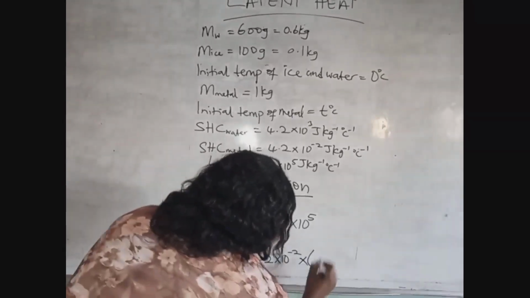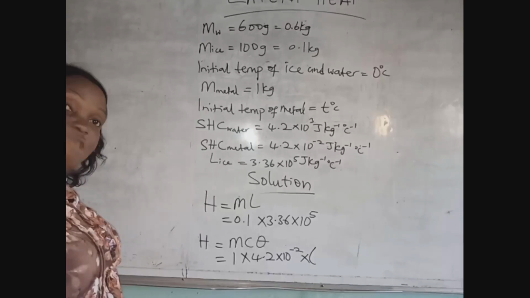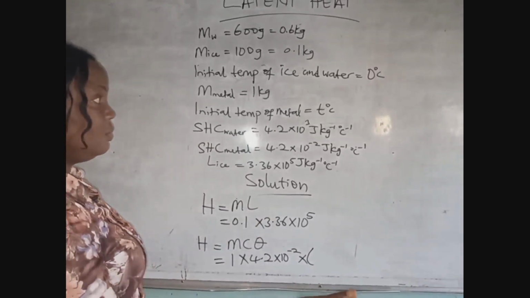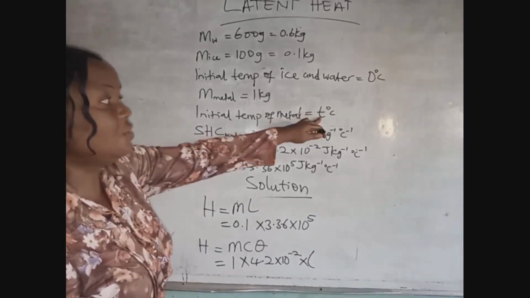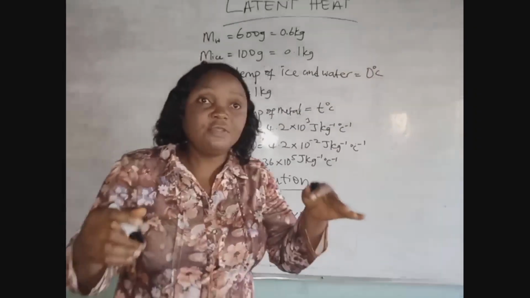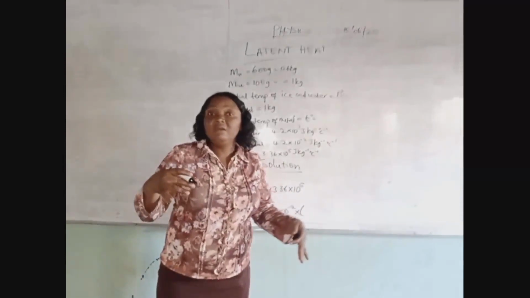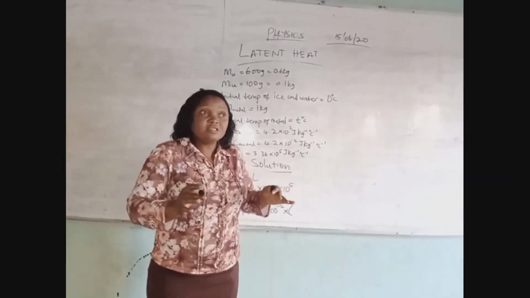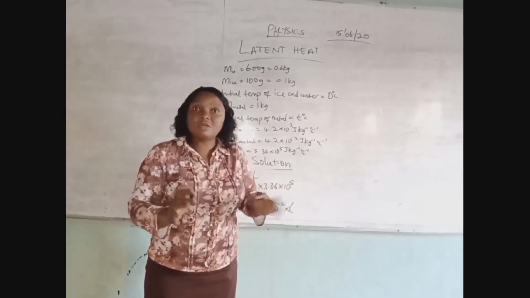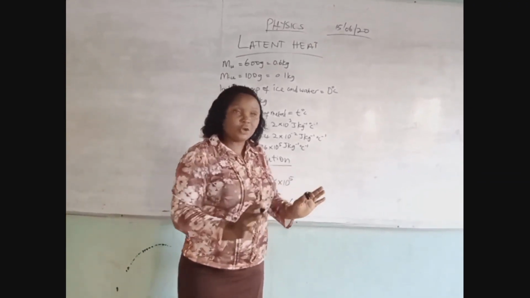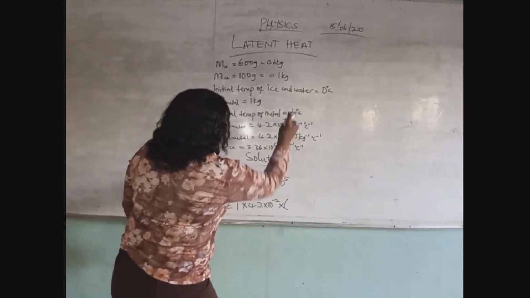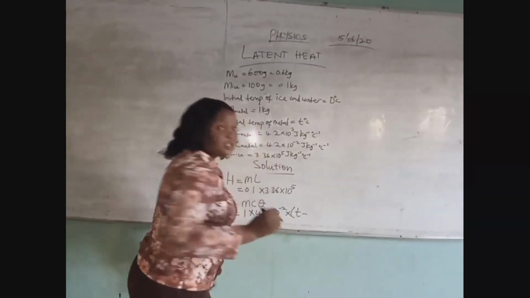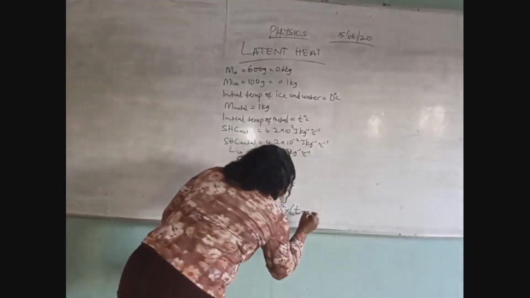That is the initial temperature minus the final temperature. And remember, the initial temperature of the metal will be greater than the final temperature of the mixture. Are you getting it? Because the metal lost some heat to the mixture. So the temperature change is T, which we don't know, minus the final temperature of the mixture, which is 0 degrees Celsius.